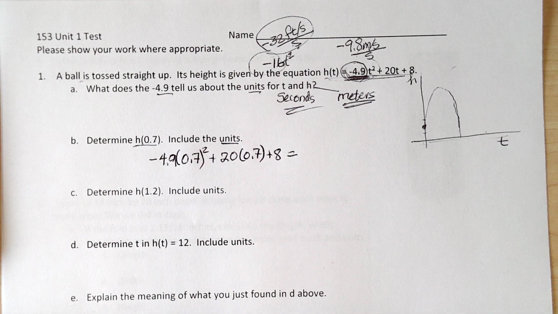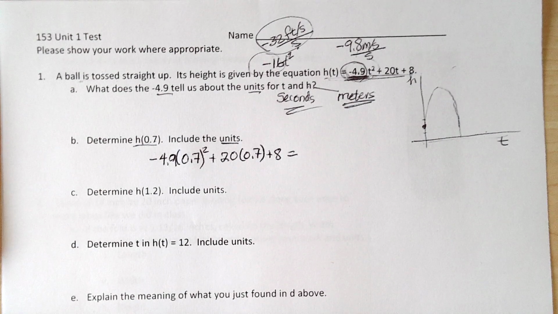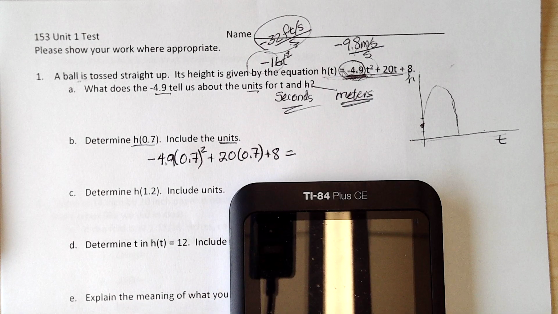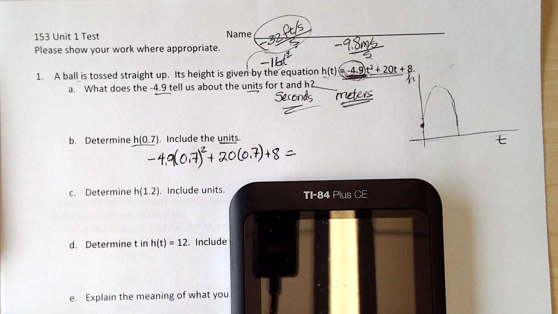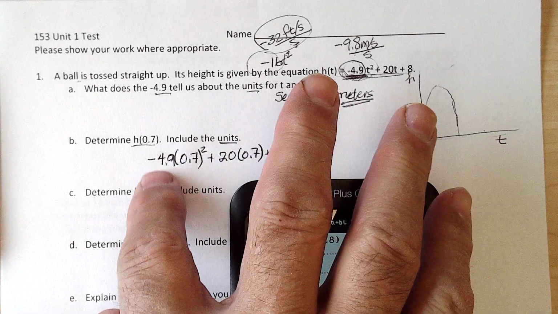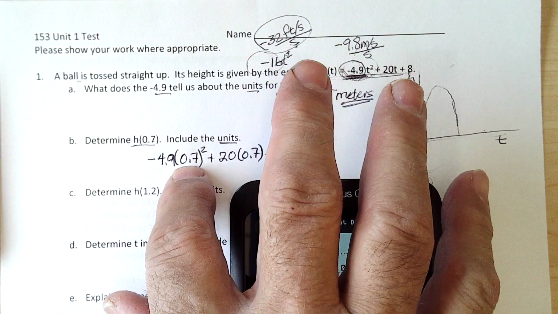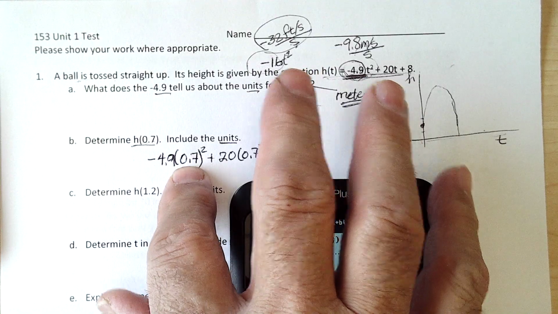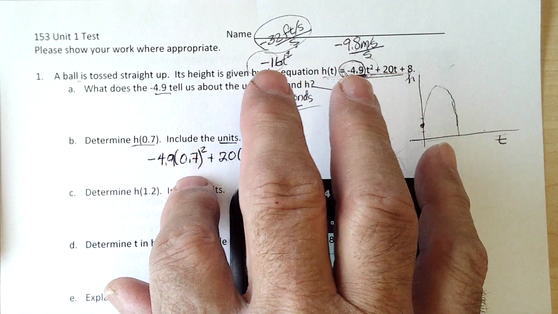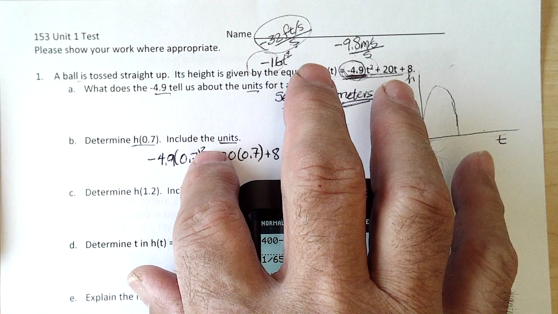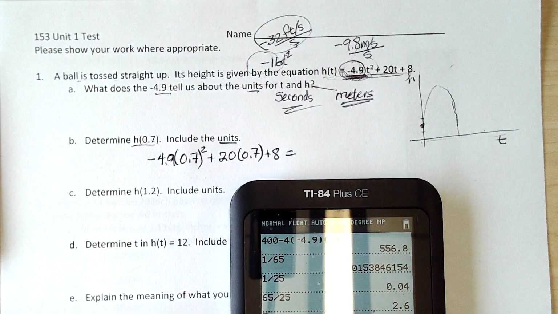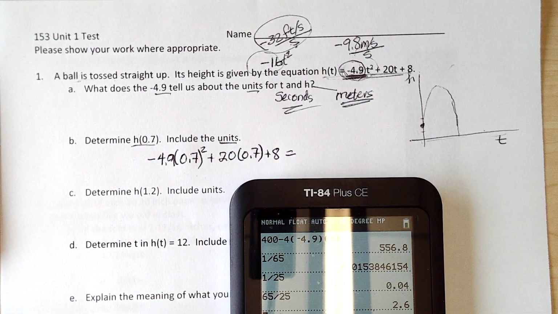So I'm going to do this on the calculator, and I'm also going to do it on Desmos, I think. The thing you got to watch out for is you can't take the 4.9 times the 0.7 first and then square. Order of operations say square this 0.7, then take it times negative 4.9. Now, if I were to type this out in steps, I would go 0.7.